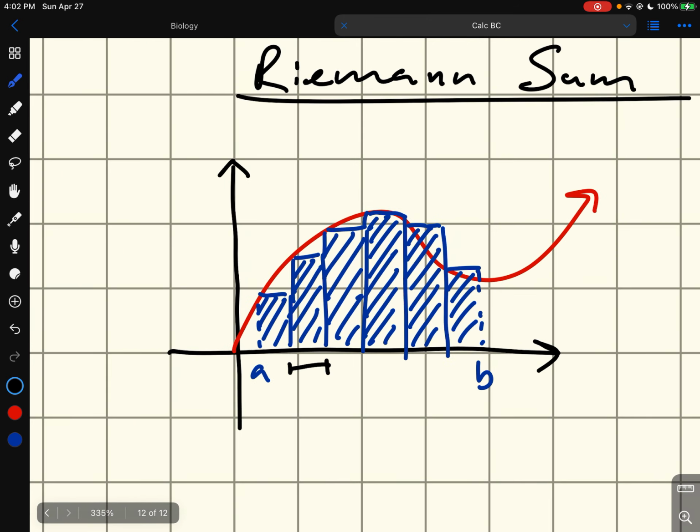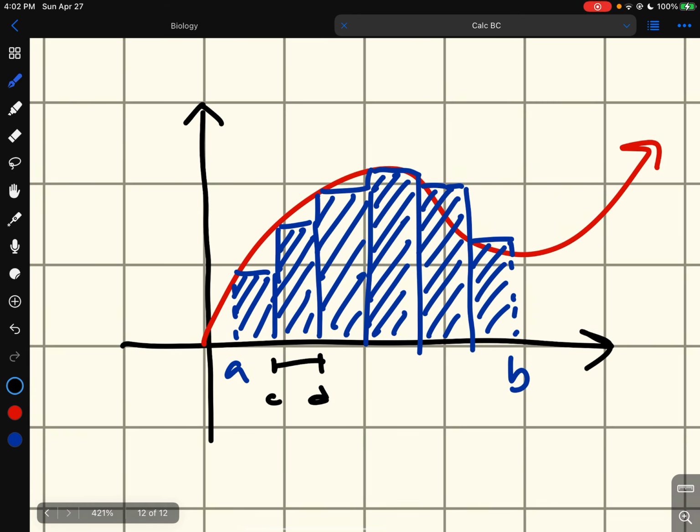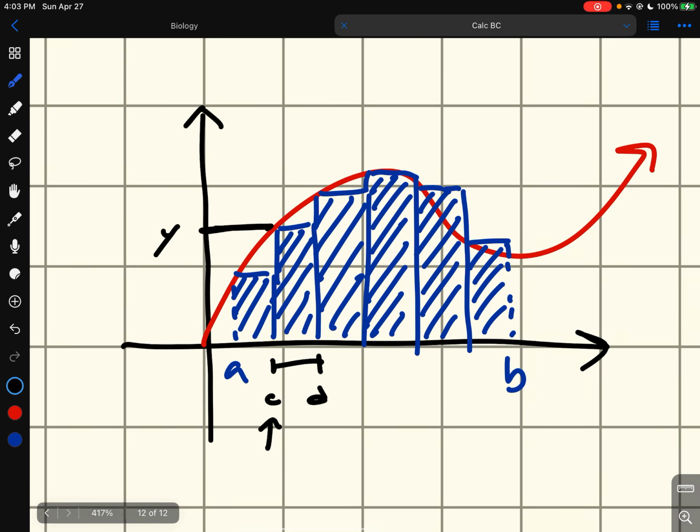And if this were like a different A, and I'm just going to call this C and D, and we're using the left one, that means we use the height where C is, which is this y value. Now if we were to do a right hand Riemann sum, we would use the right hand value, which is where this y value is.